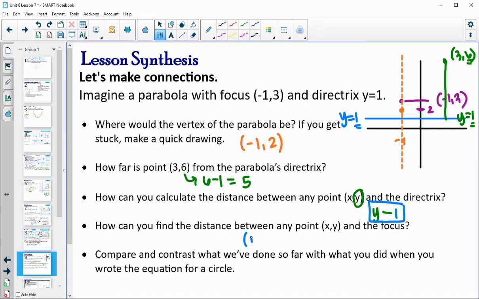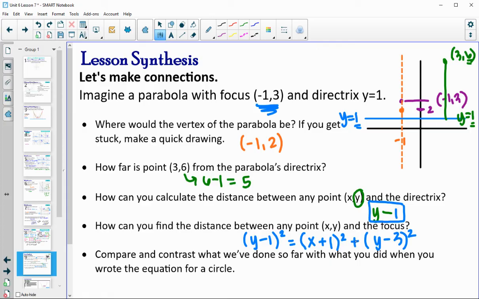So that's where we said the distance to the directrix then squared would have to equal the width of this triangle. So x minus, and now we're using the focus, -1 squared. The height of that triangle would be subtracting the y values and squaring them.